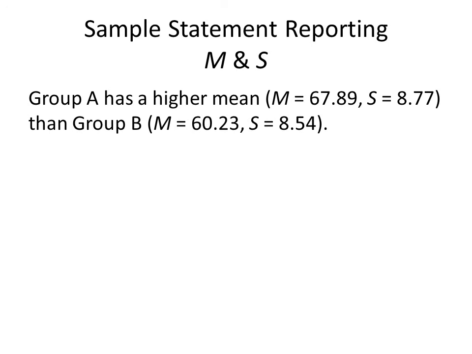The mean for group B is lower, 60.23, with a standard deviation of 8.54. Anytime we report the mean, we also report the standard deviation. We also know that group A has greater variability than group B.